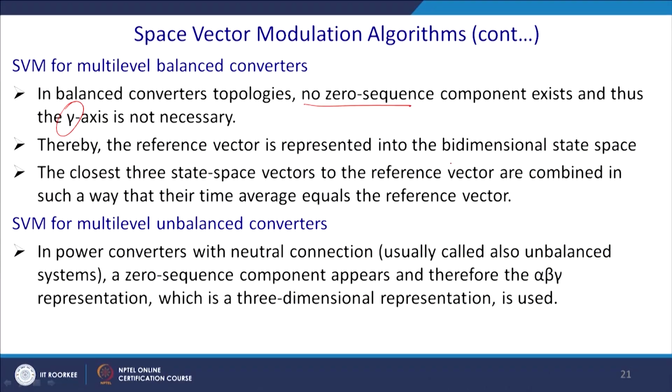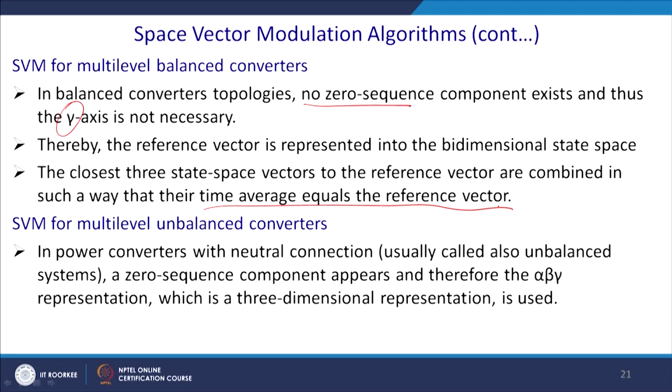Thereby the reference vector is represented in the bidimensional state space. The closest three state space vectors to the reference vector are combined in such a way that their time average equals the reference vector.